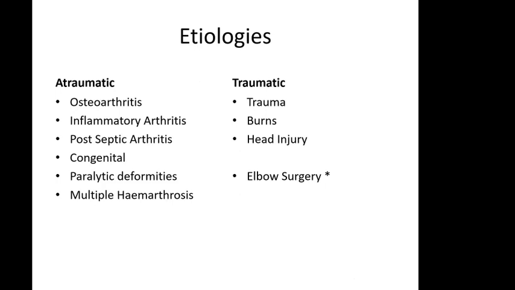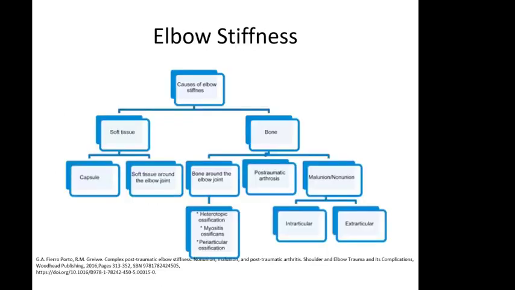Osteoarthritis is a common atraumatic etiology, as is congenital, and multiple hemarthrosis. Elbow surgery is also a controlled trauma and can lead to post-surgical stiffness. Bone and soft tissue is what ultimately provides a mechanical block to motion, resulting in stiffness.